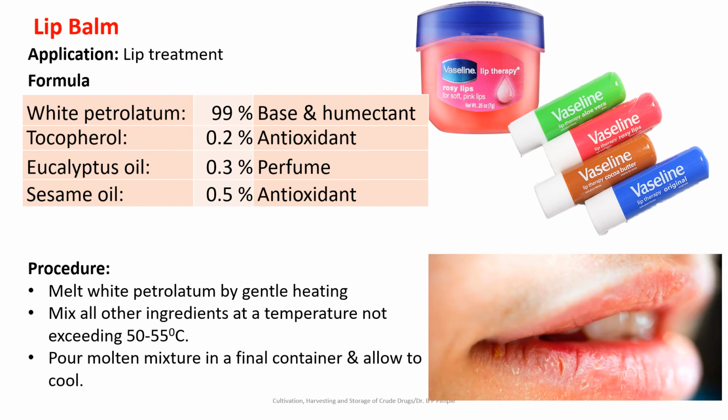Then the molten product is directly poured into the final container so that the product takes the shape of the container and fully fills the container. Usually the marketed lip balms contain only petroleum jelly and certain perfumes or coloring materials.